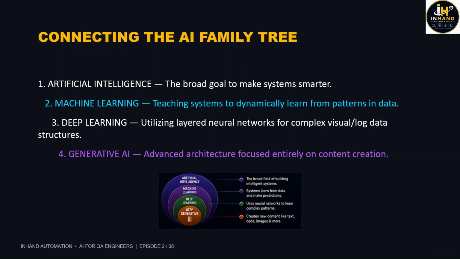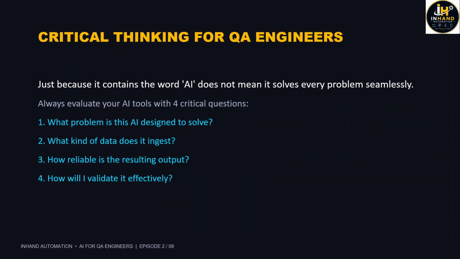So there is something very important for all QAs. There is one thing I want every QA engineer who is watching this series to remember. Just because something contains the word AI does not automatically mean it is intelligent in every possible way. Different AI systems are designed for different problems.